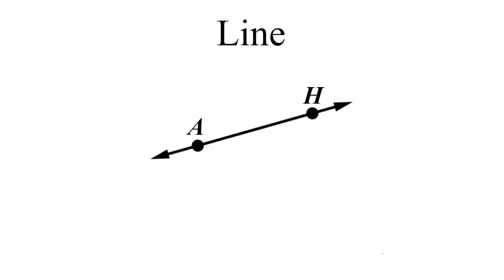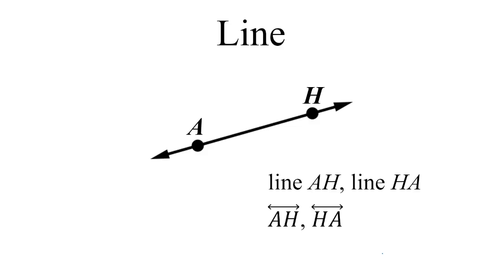The line contains points A and H. Therefore, it could be called line AH or line HA. Doesn't matter the order. And if there are more than 2 points on it, we use 2 of the points to name it. And the symbol for a line is the name of the 2 points with a double-sided arrow above them.